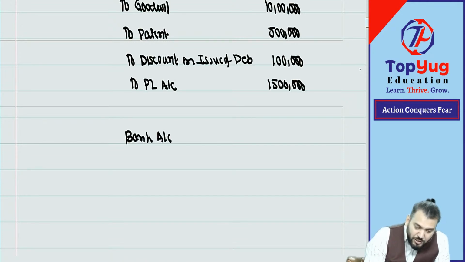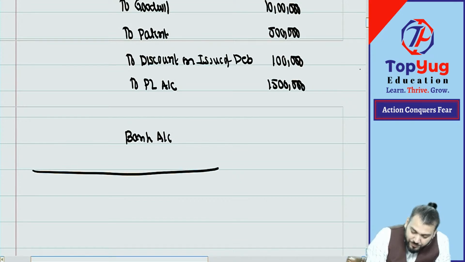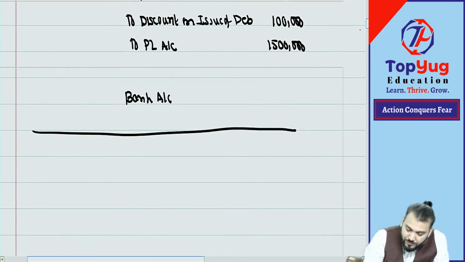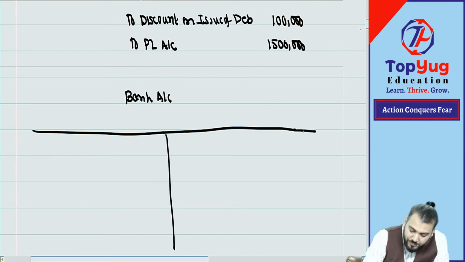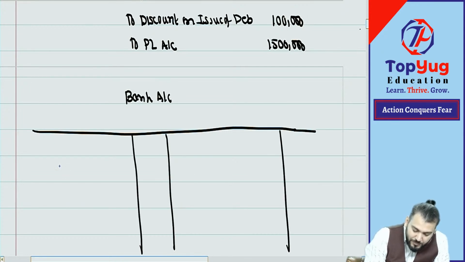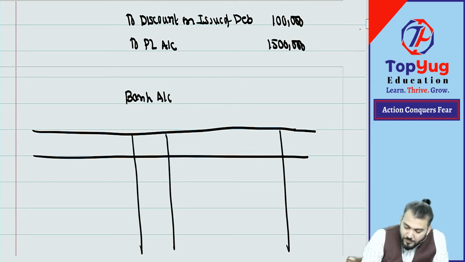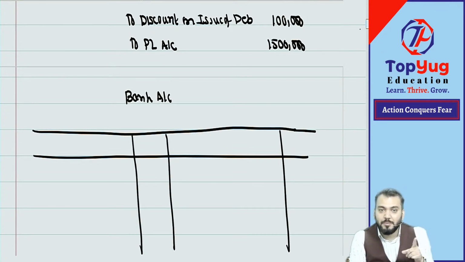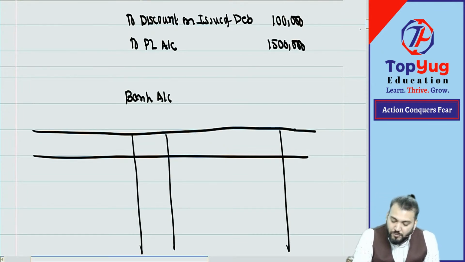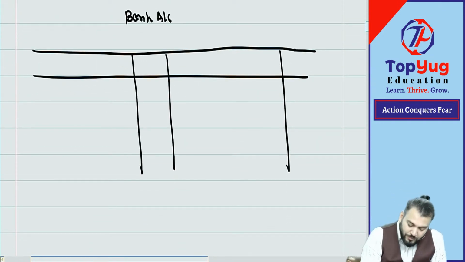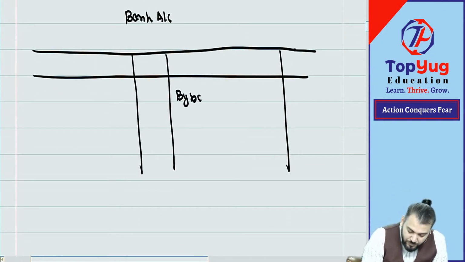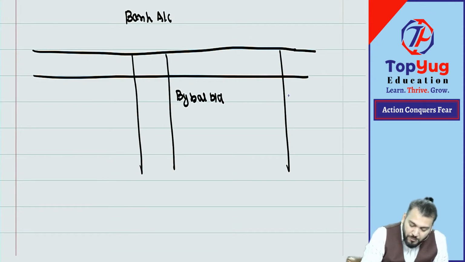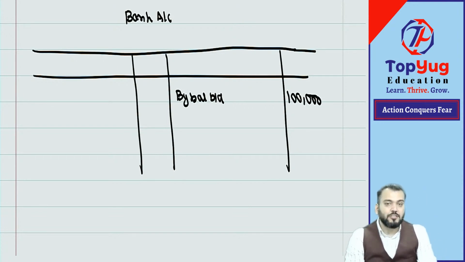Now in this question also, if you see there is no bank account balance, but there is one bank overdraft. It means bank overdraft, credit balance we will take. There is no cash and bank account given, but they have given a bank overdraft, meaning we need to start the bank account with a credit balance only. So we start with balance brought down. How much? 1 lakh. Now can you give me one by one all transactions related to bank?